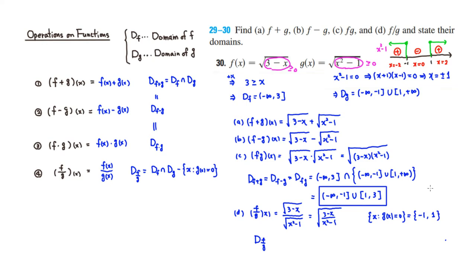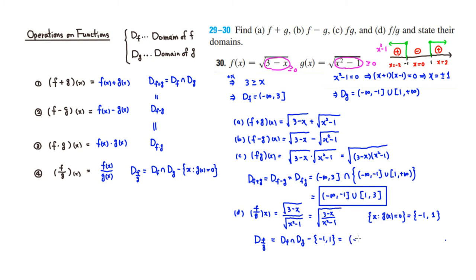Alright, so what we need to do is take the domain of f intersect the domain of g, which we found here, but we have to eliminate negative 1 and positive 1.